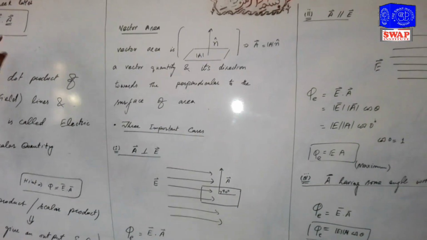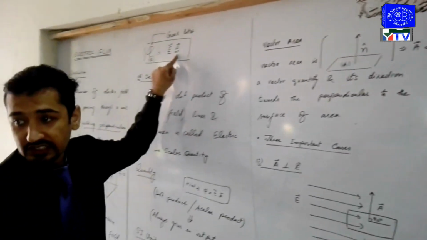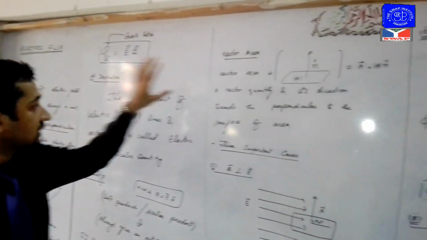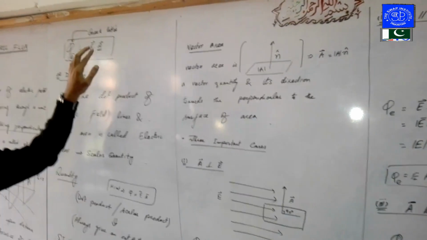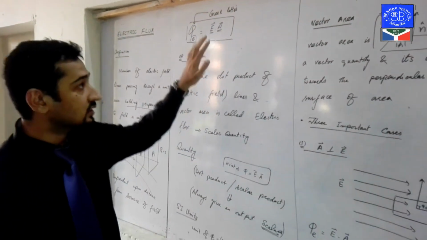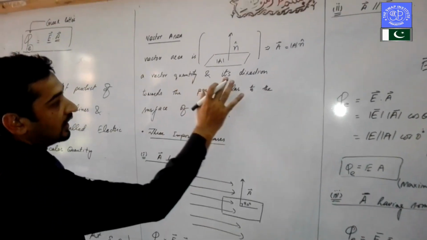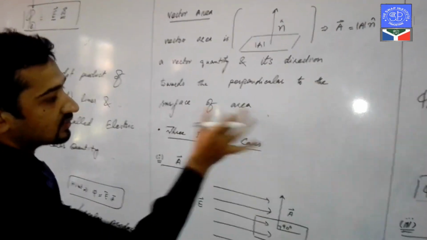Now this term, the area, in usual cases is considered a scalar quantity. So in this case we are using the area as a vector quantity. This is called vector area, and its direction is perpendicular to the surface of the area.